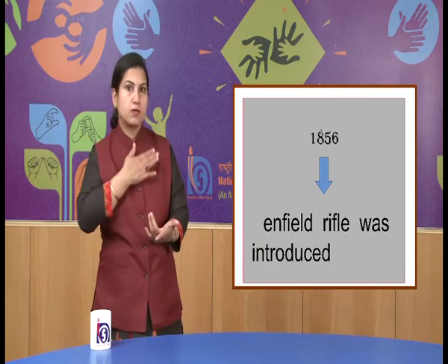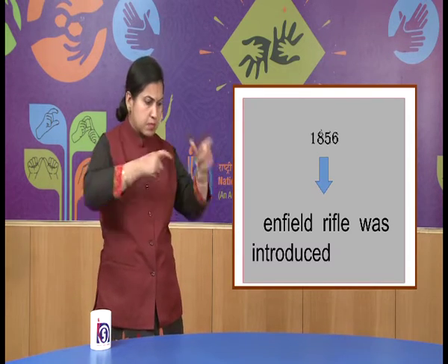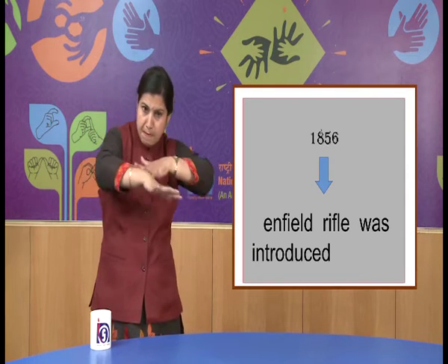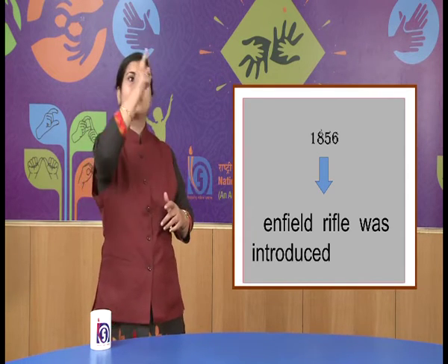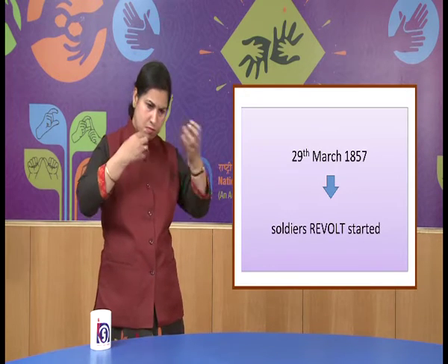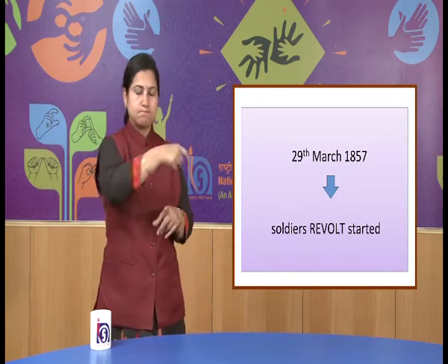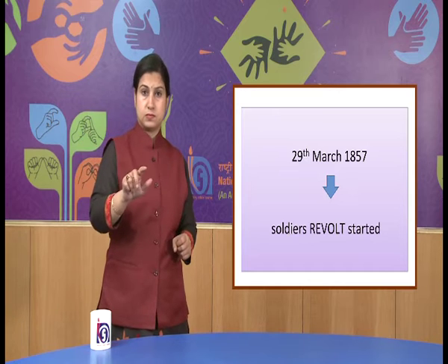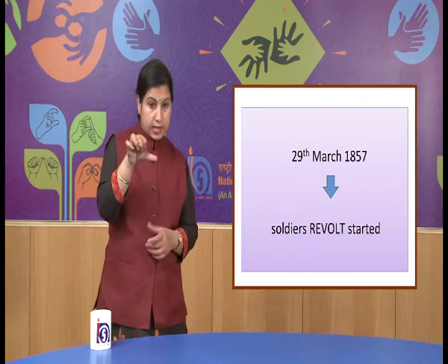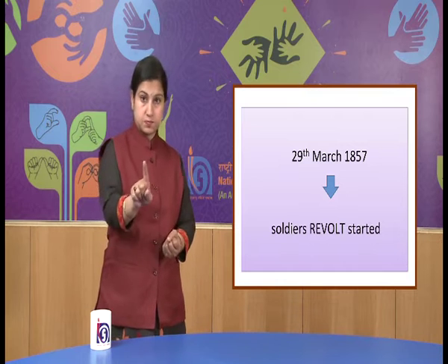Therefore, the soldiers thought that it was a plan of the British to destroy their religion. And finally, the soldiers revolted against the British government on 29th March 1857.